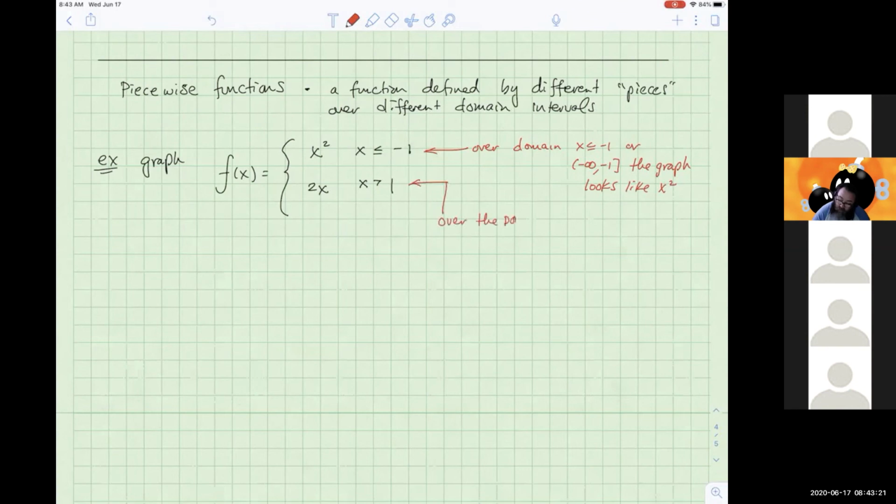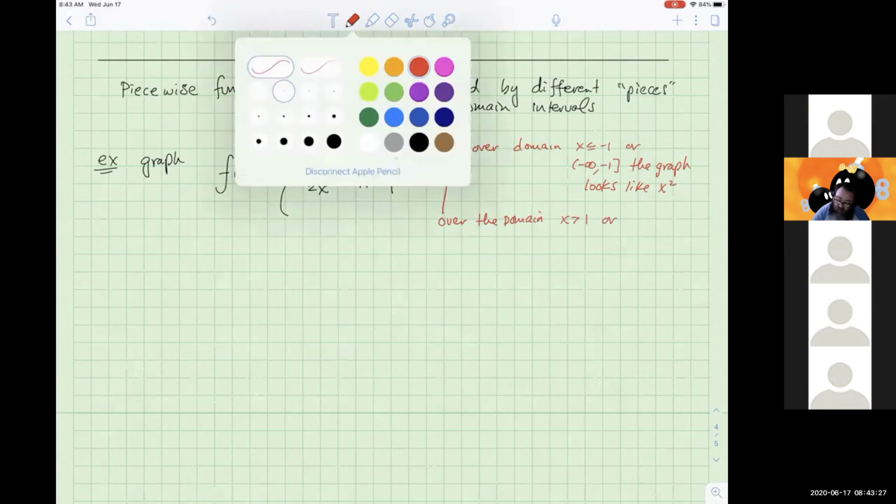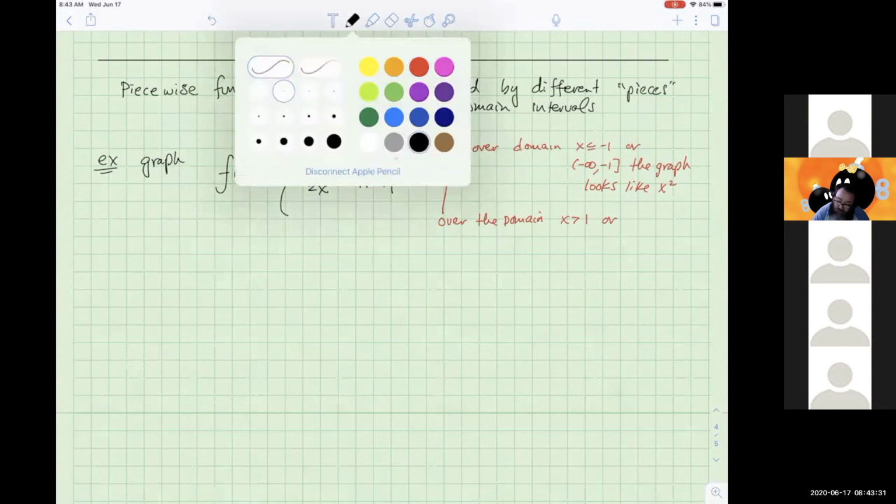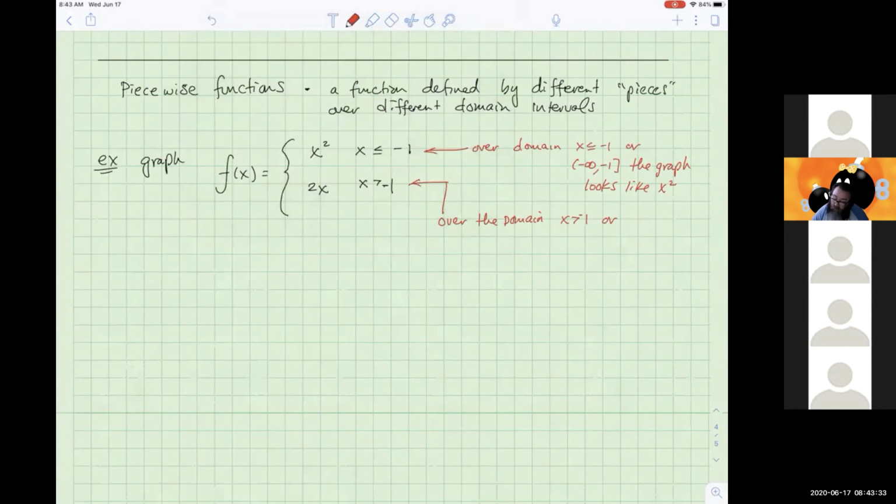Over the domain x greater than, sorry, that should be a -1, folks, x greater than -1, or -1 to infinity, the graph looks like 2x.